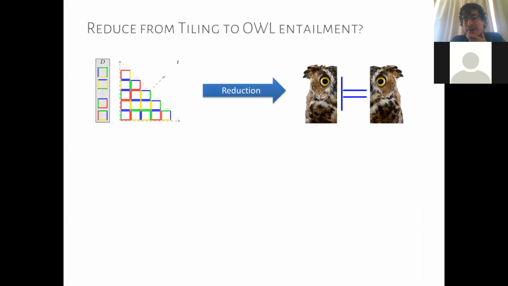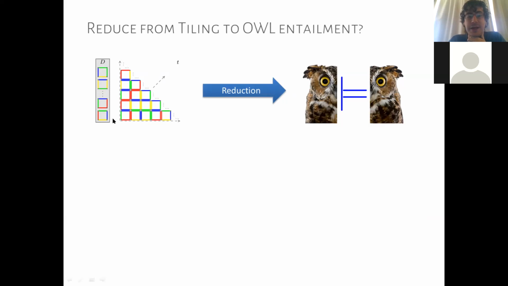Okay, so what about OWL? Why am I talking about tiles and colors and decidability and undecidability? So if we consider this again as our symbol for entailment of ontologies in OWL, what we'll discuss in the next class is the fact that we can express this problem using the ontology features that we saw in the class last week.